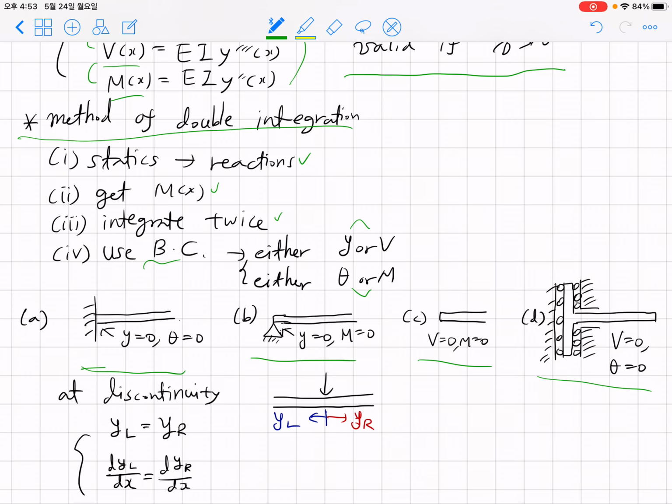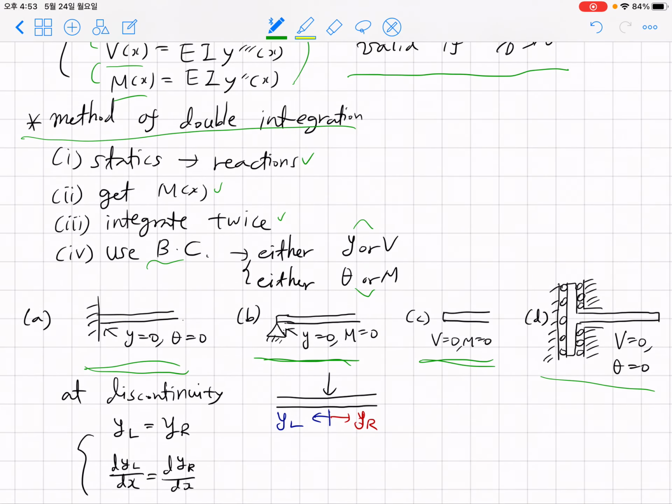Each boundary condition has a different mathematical meaning, but you can see that either y, theta or M is specified. In addition, we discussed the discontinuity when we have a point force or distributed loading, and we're going to have different analytic expressions for the left region and the right region. In that case, we're going to have 2 different M as functions of x.